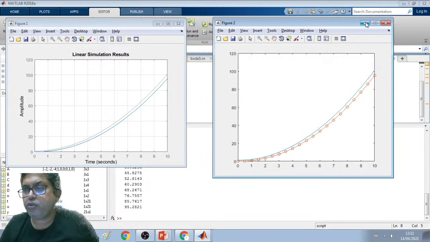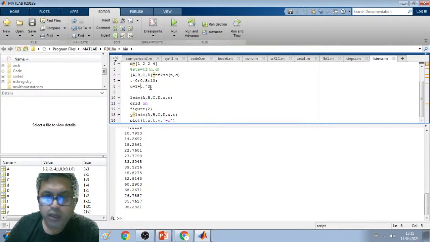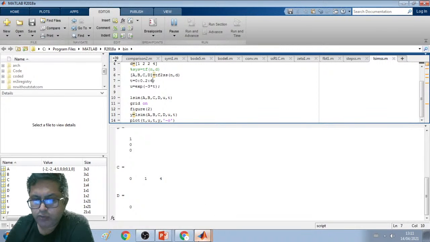Okay, we'll do some juggling over the program. Okay, let us suppose input is exp minus 3 star t. Okay, and t is nothing but in the range of 0.2, this is 6. Okay, save it. Same function, run this one.